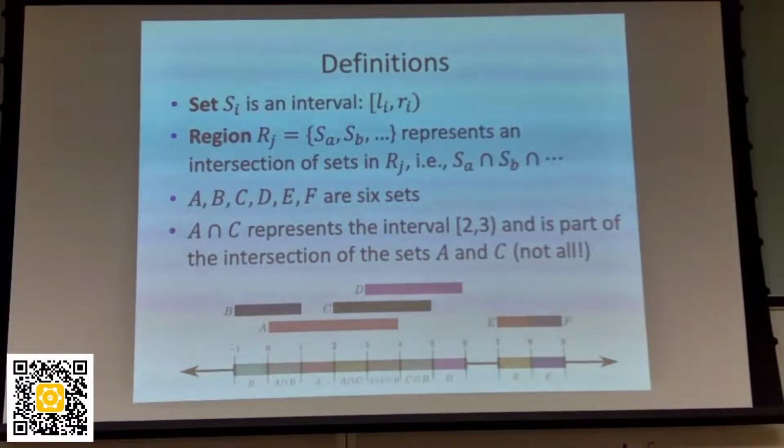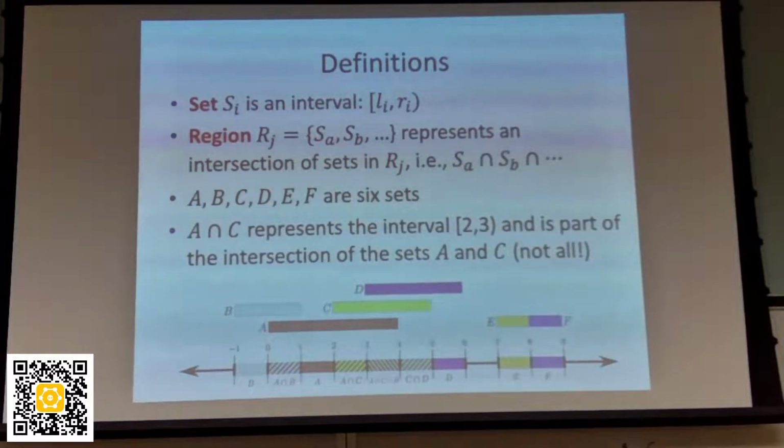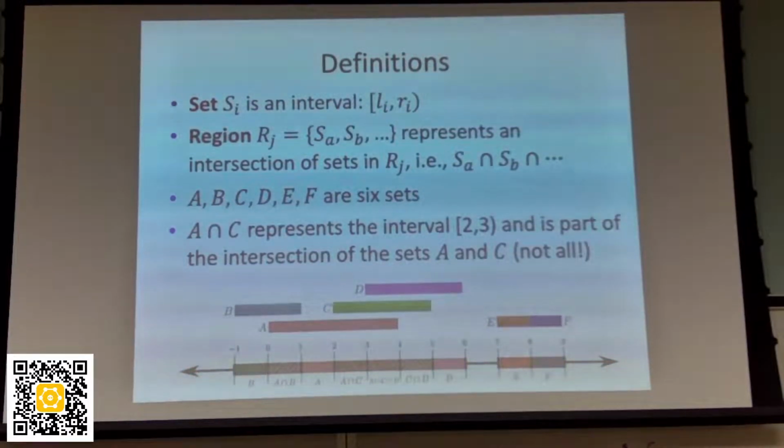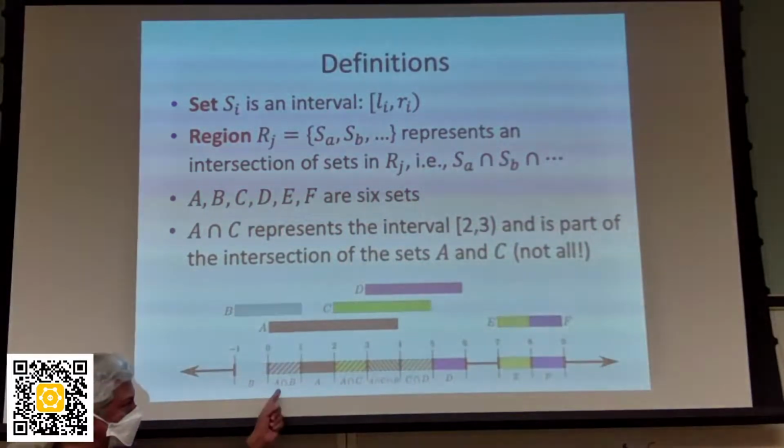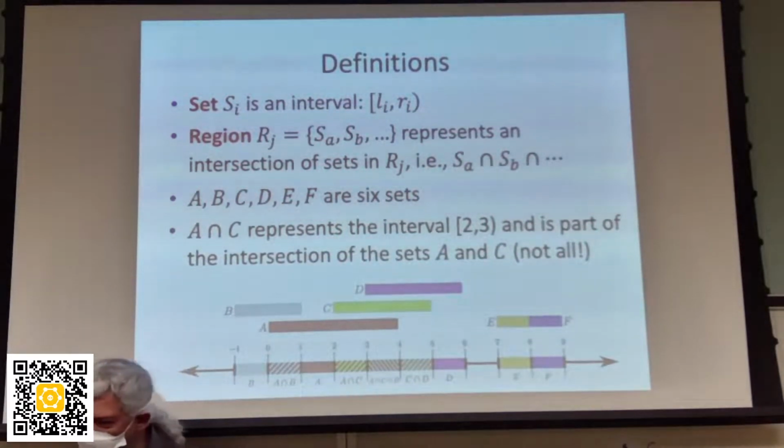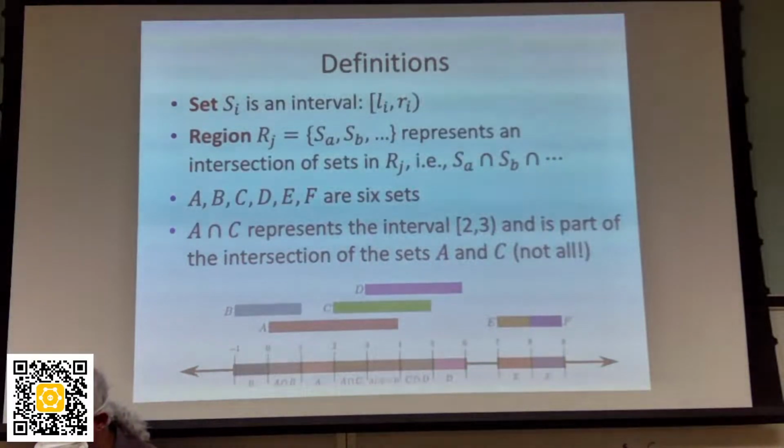So a naive algorithm says, here are my regions. I'm going to try every possible permutation of these regions and check if it forms something valid. Because all the A's should be together, all the B's should be together, right? That's a valid order. Any ordering of the intervals will make sure that anything that has A in it is all together, right?